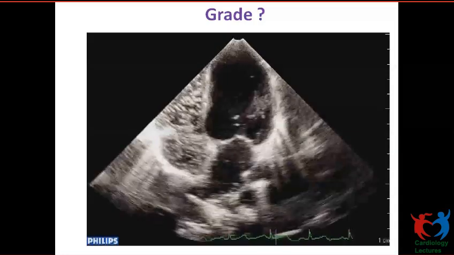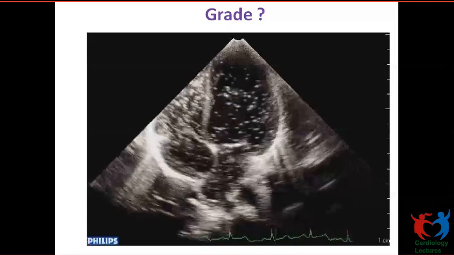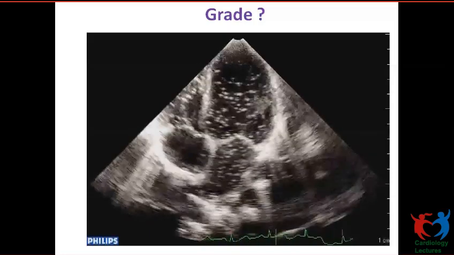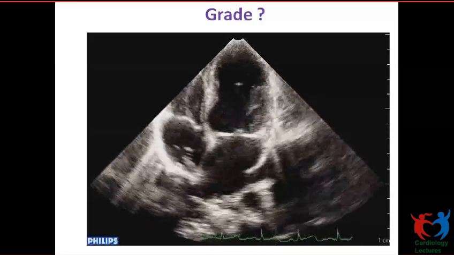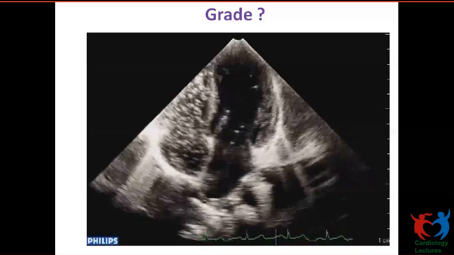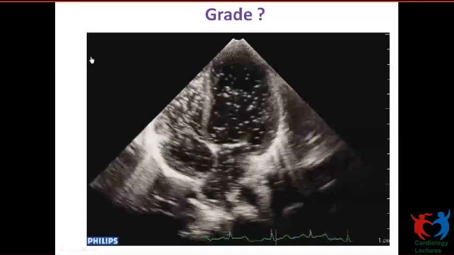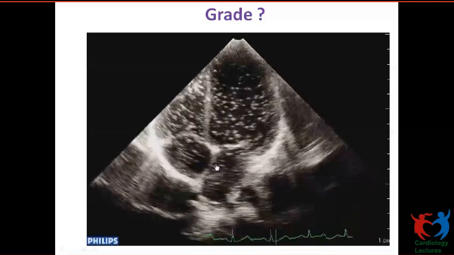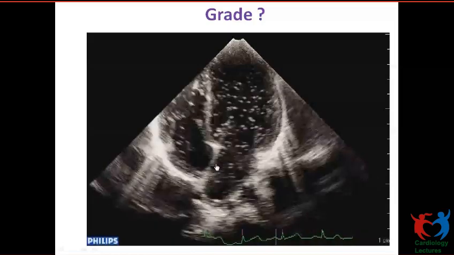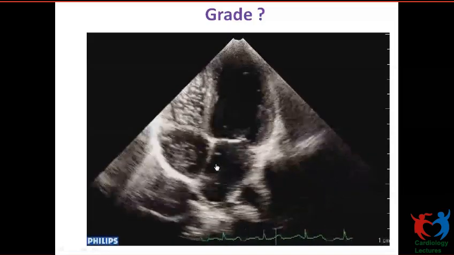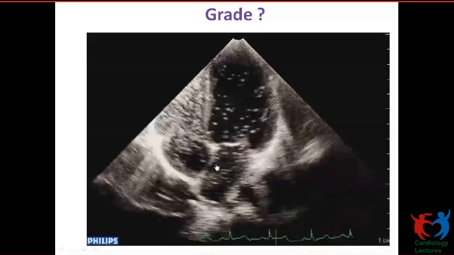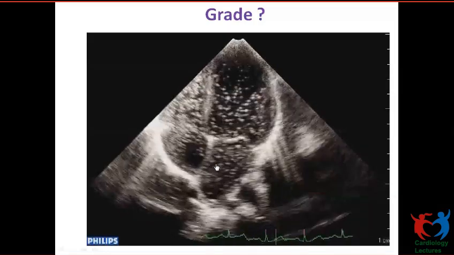You all agree with that? PFO is within 3 cardiac cycles. PFO will come only with Valsalva. Otherwise it goes from right atrium to left atrium. Why will it take 3 cardiac cycles? It cannot. This is one of the differentiating features. And PFO with Valsalva, I have to do Valsalva.